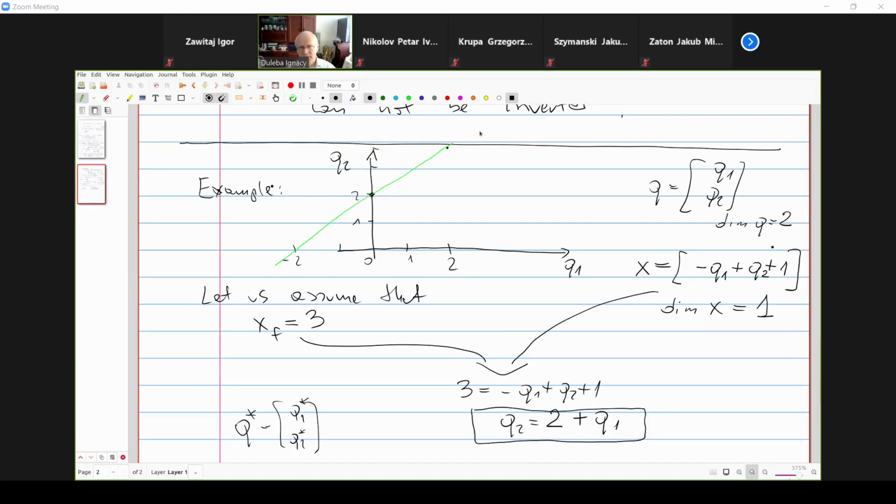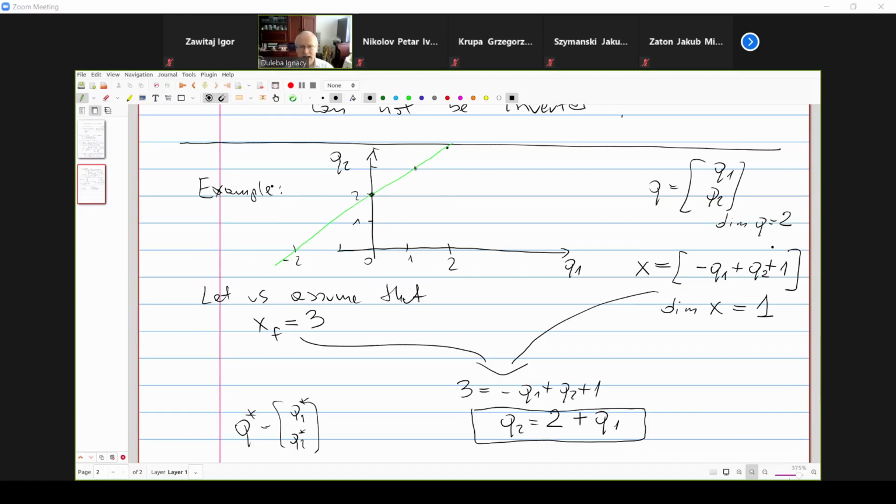All the points belonging to this line satisfy this equation, or are solutions of this particular problem. So maybe I will ask you for help. Please tell me which point should I select according to some criterion? Any idea?